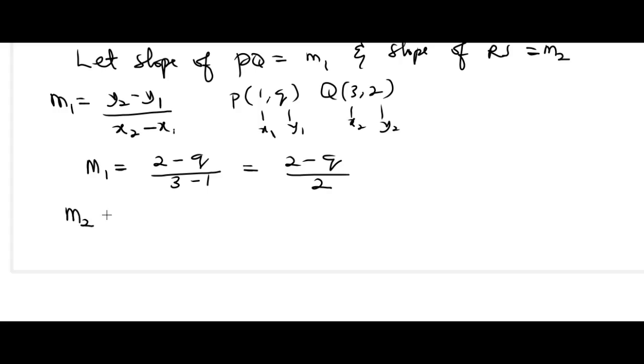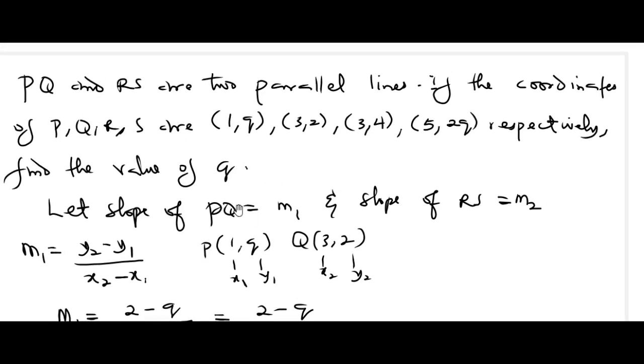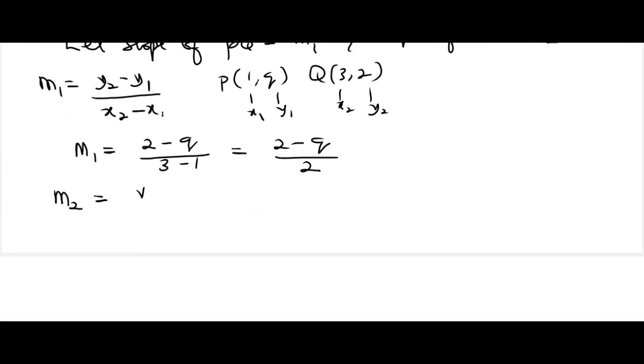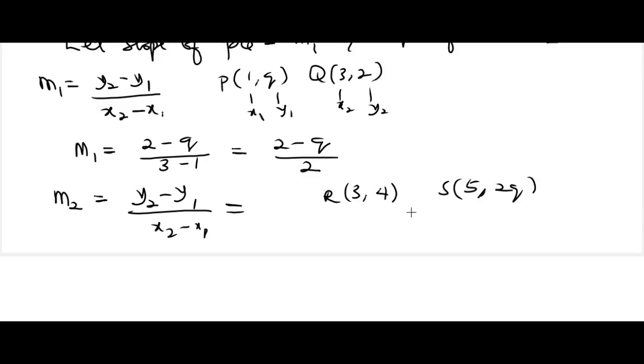Then for the second one, m2, that will be the slope of RS. So that is (y2 - y1) over (x2 - x1). What are the coordinates we have? R, we have (3, 4), and S, we have (5, 2q).